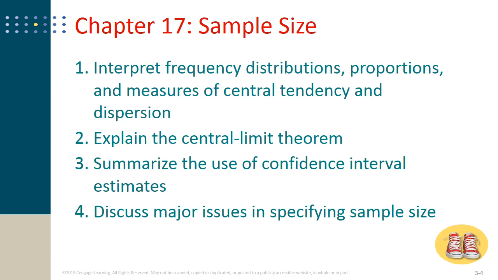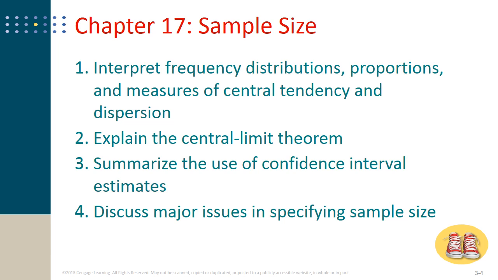So what we're going to talk about in Chapter 17 are frequency distributions and measures of central tendency, like mean and standard deviation, normal distributions, etc. We're going to talk about the central limit theorem. That's very important in terms of the sample size required to answer our questions.